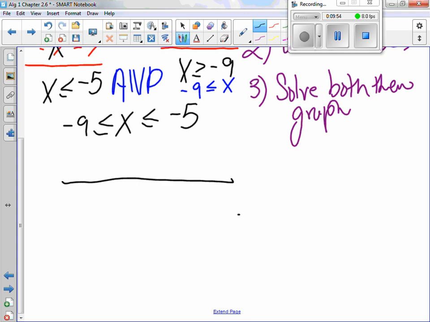Now we need to graph it, yes? X is in the middle. So we would shade in the middle, yes? And are the circles open or closed?